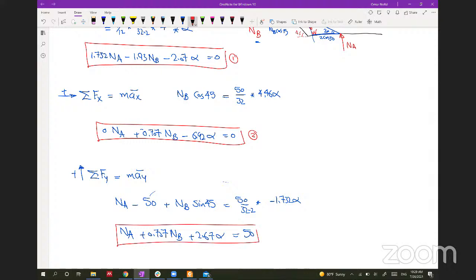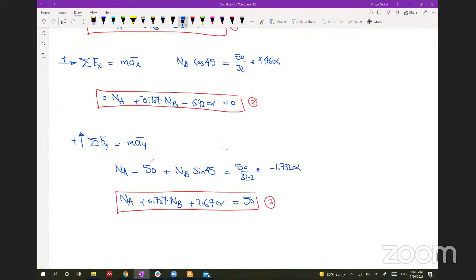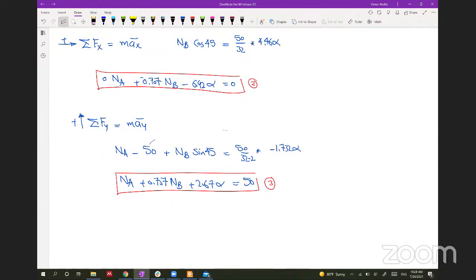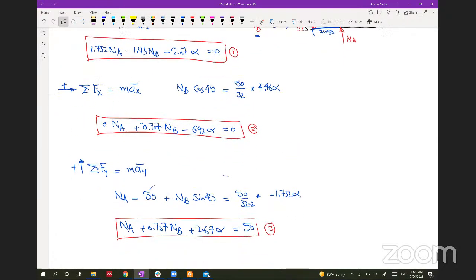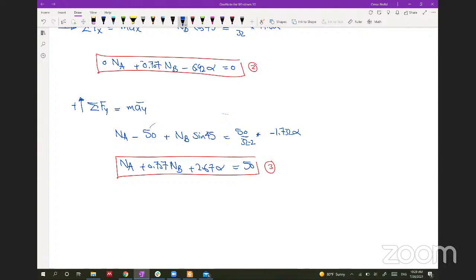And right now you will have a system of equations, 3 equations and 3 unknowns, so you can solve it as a matrix. You can construct a matrix like this. And actually, I totally recommend using your calculator. We will have 1.732, minus 1.93 and negative 2.07.